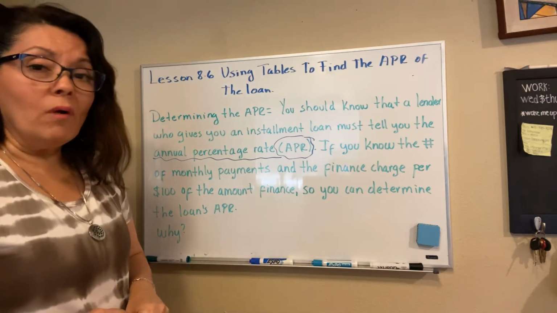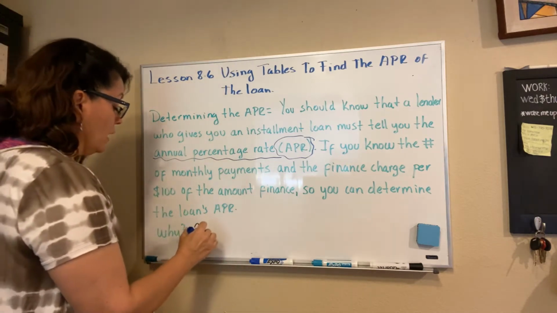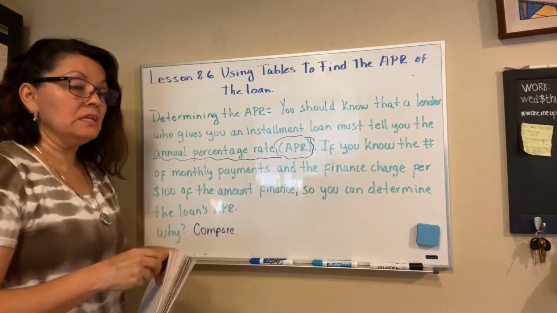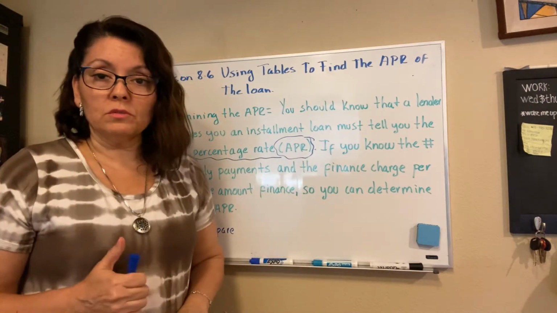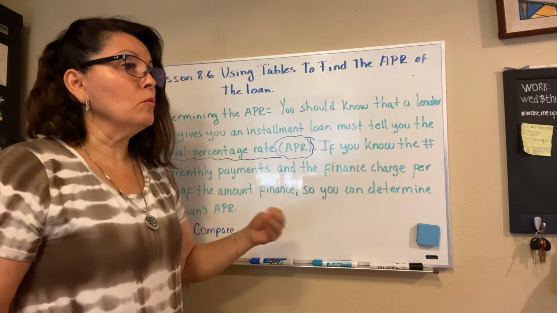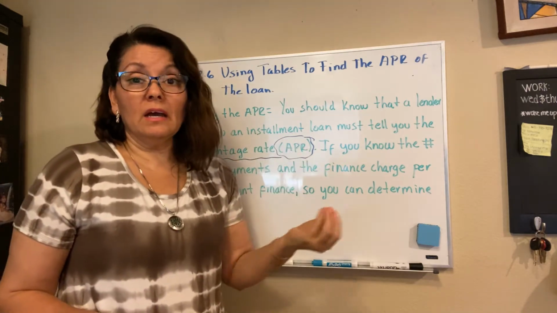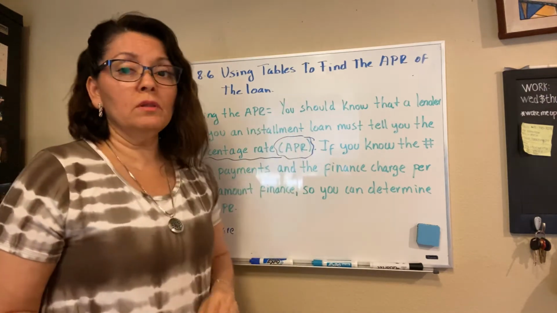And you're like, why do I need to know the APR? To compare, guys. To compare different places that are going to give you installment loans. So if you wanted to buy a computer and you go to Best Buy and you don't have the money, they're going to give you credit and you're going to get an installment loan.